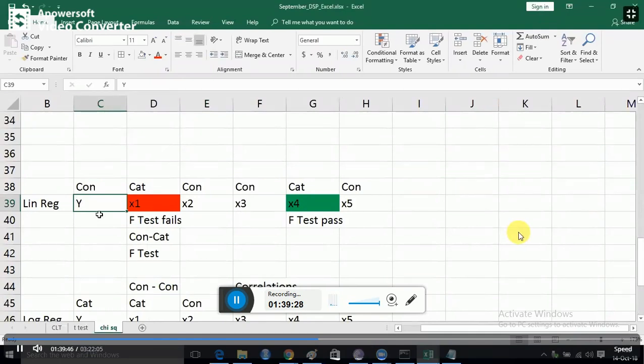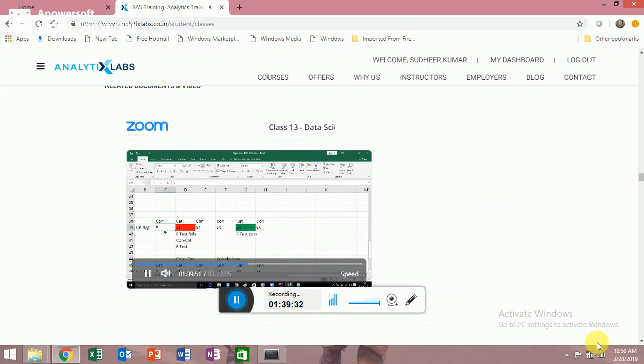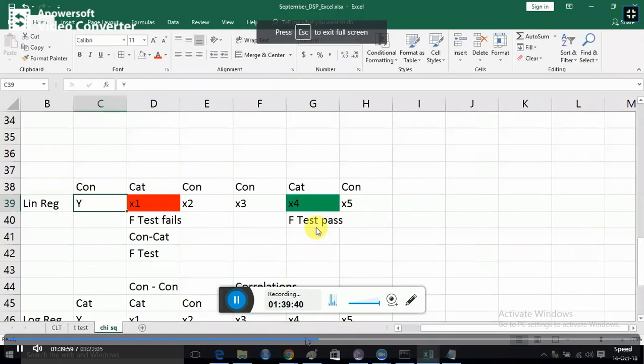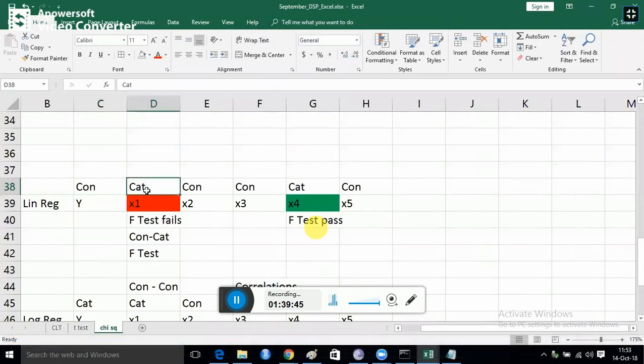But my question was that for F test we should have at least three different groups, right? But we were making the comparison just between two groups, telling F test pass and F test fail.